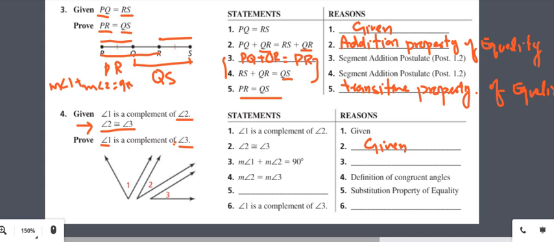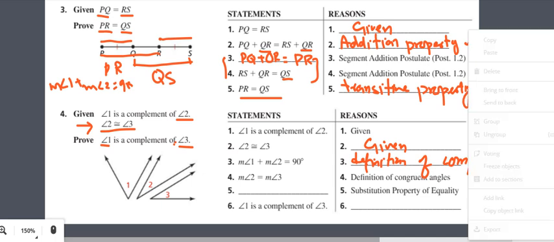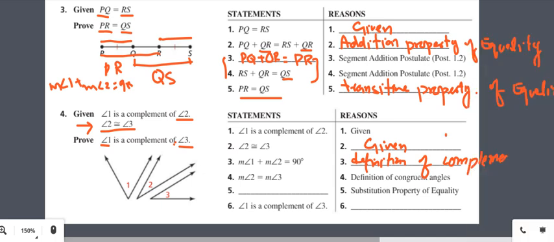By using the definition of complementary angles.